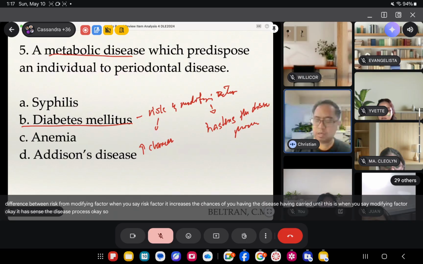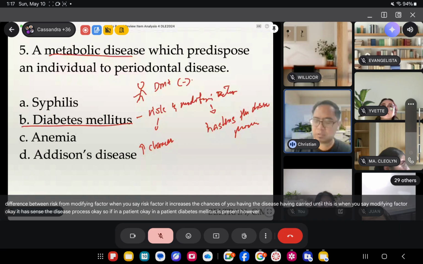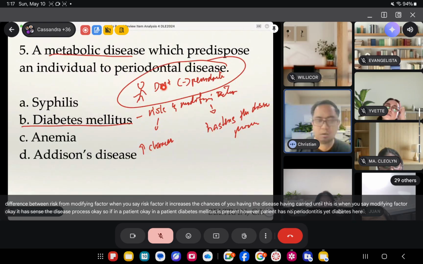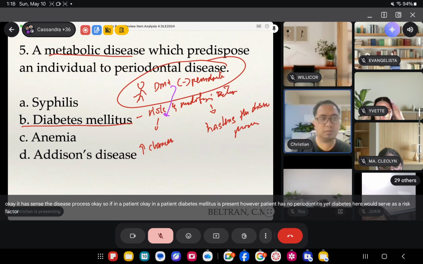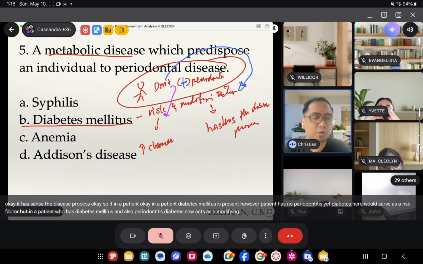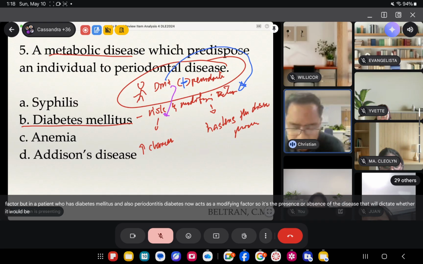So if in a patient, diabetes mellitus is present, however, the patient has no periodontitis yet, diabetes here would serve as a risk factor. But in a patient who has diabetes mellitus and also periodontitis, diabetes now acts as a modifying factor. So it's the presence or absence of the disease that would dictate whether it would be classified as risk factor or modifying factor.